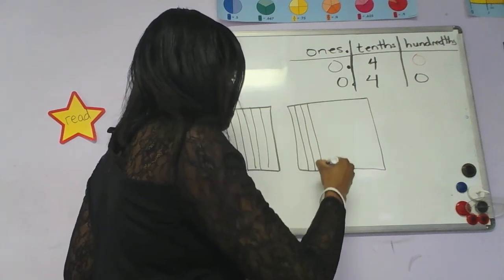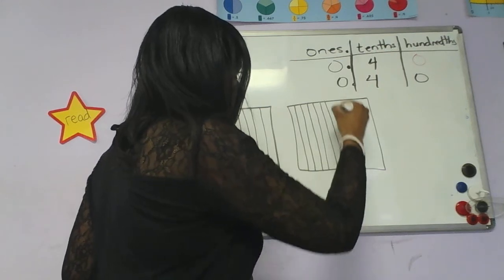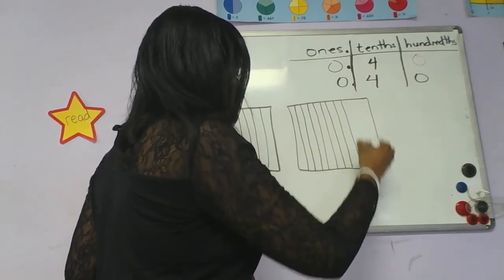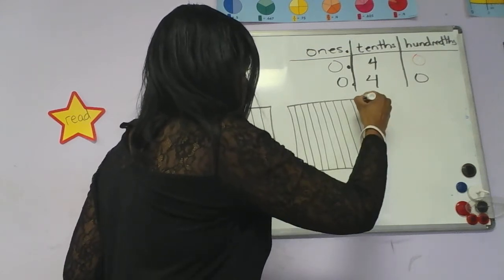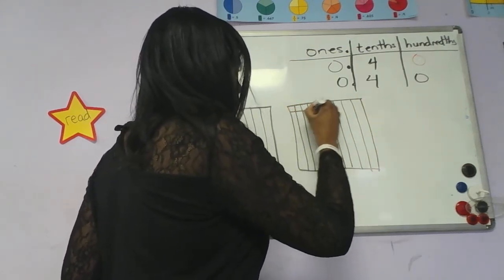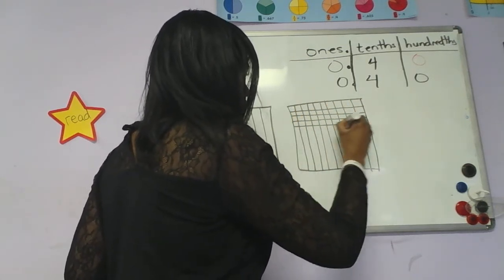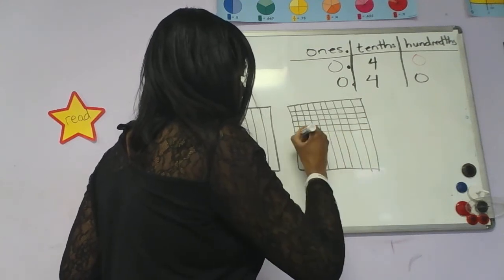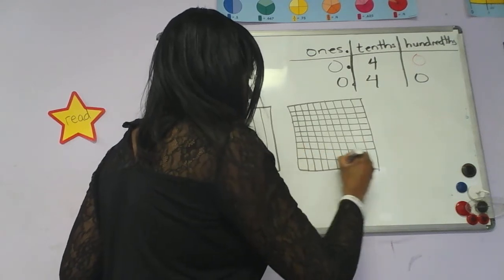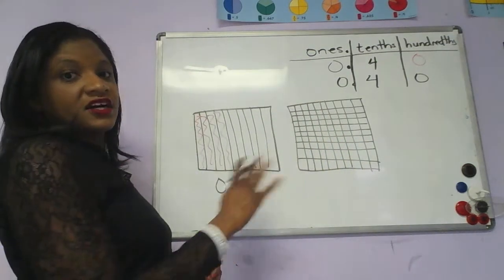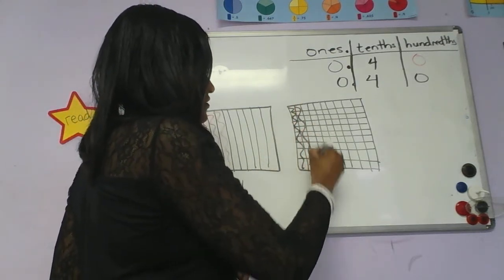But this time we have to make 100 parts. So there are 100 little squares here. So 40/100.